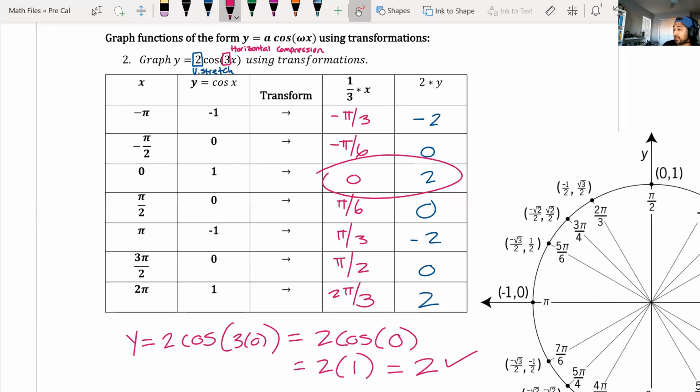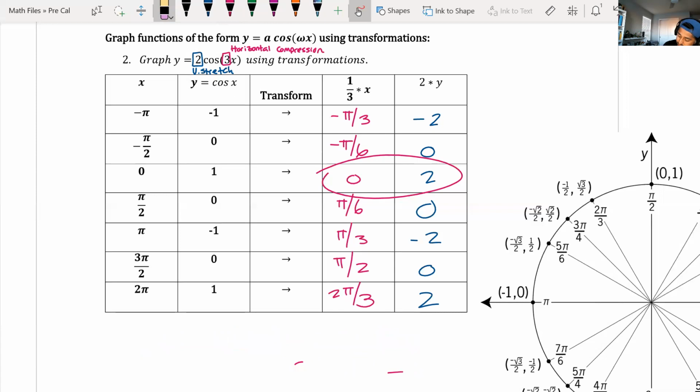Does that match the coordinate I circled above? Yeah. There you go. So always check your work, and know your unit circle.